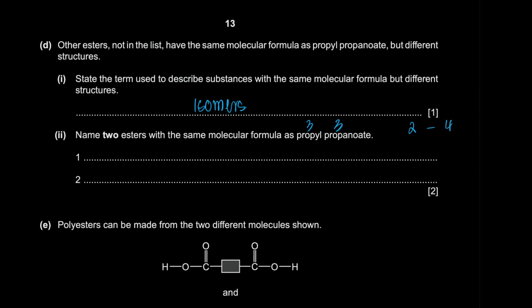That would give you ethyl butanoate, and now you can reverse this. You can actually have 1 and 5 as well. You can have a lot. You could have methyl pentanoate, but I'll go with butyl ethanoate. We're good.